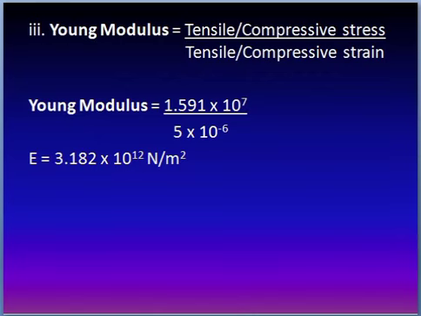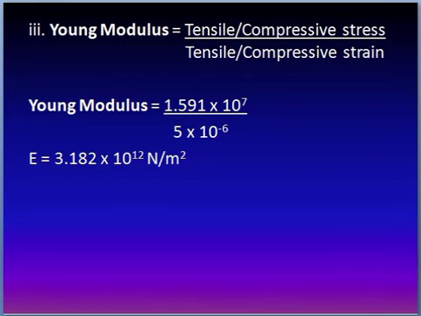And lastly, we are asked to find the elastic modulus. When you are asked to find the elastic modulus, you are also referring to your Young modulus. And Young modulus is given as tensile or compressive stress over tensile or compressive strain.